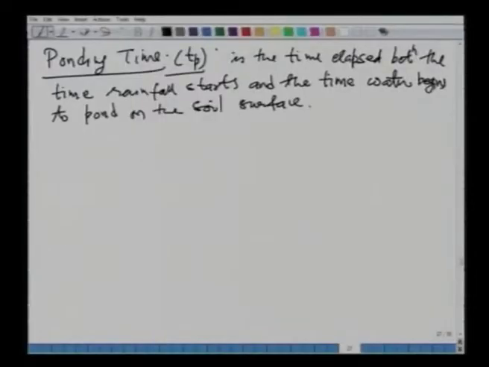It is important to estimate the value of this ponding time. So, what we will do is we will try to estimate this ponding time using a certain procedure, but before we go for the derivation of this ponding time, it is important to understand that before the ponding, what is F? F is nothing but your I. Whatever rain is falling, that is infiltrating into the ground.